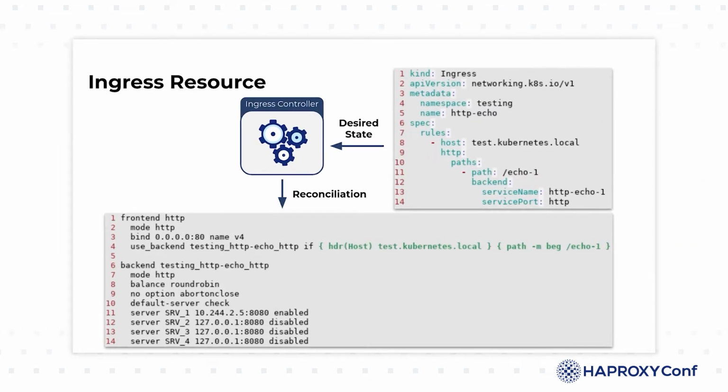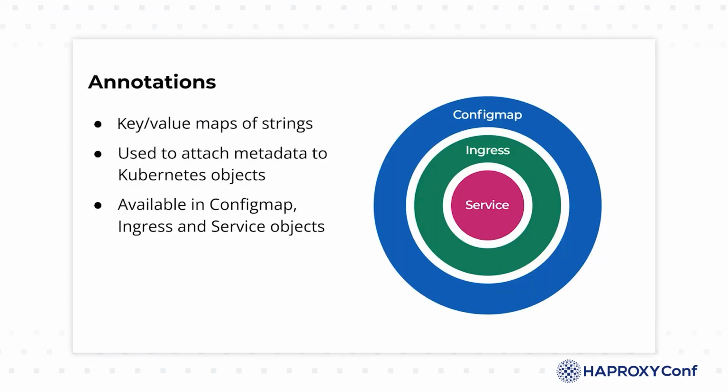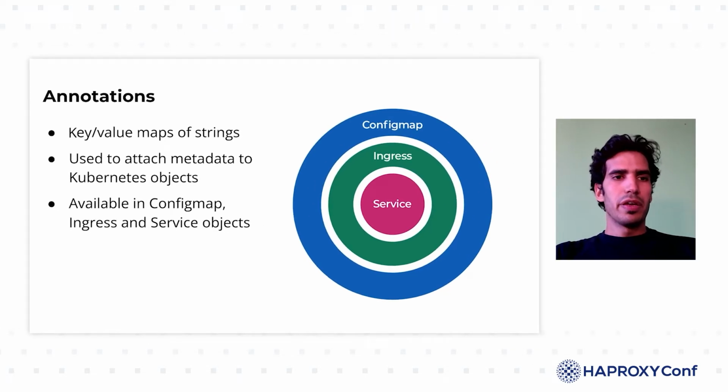And one of these possible input types is annotations. Annotations are key-value maps of strings used to attach metadata to Kubernetes objects. In the case of the Ingress controller, we can annotate service, ingress, and config map resources. And the controller will parse these annotations and apply the corresponding configuration.